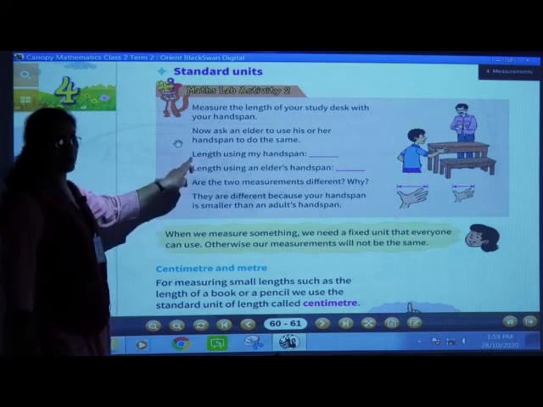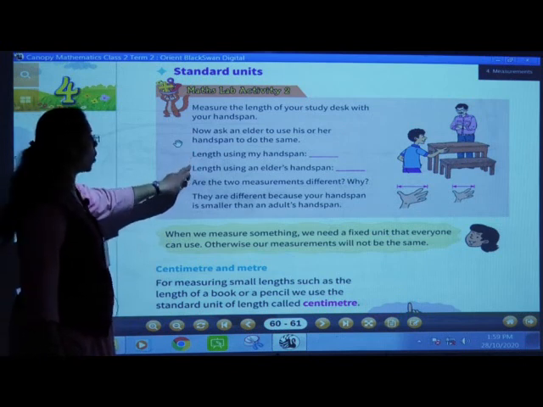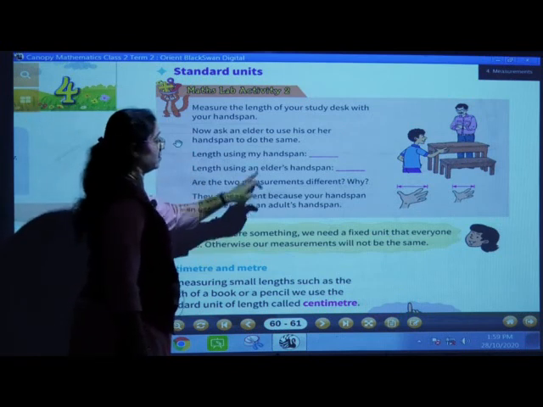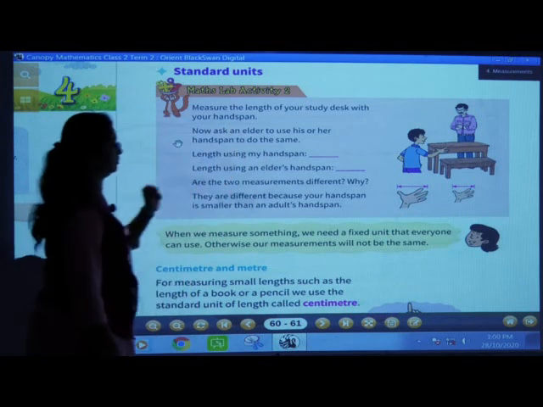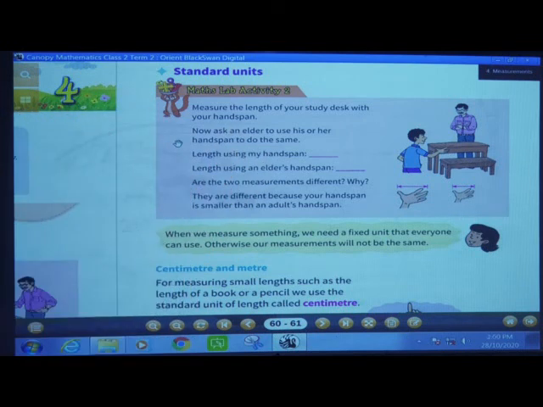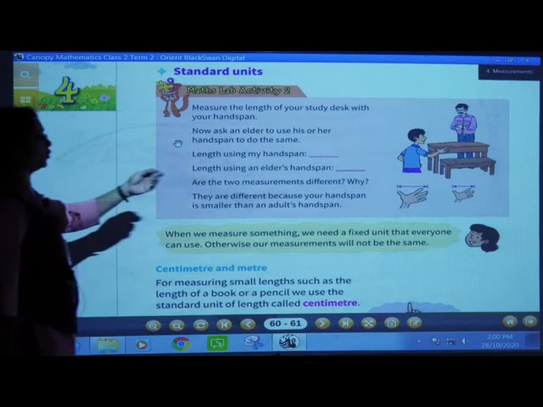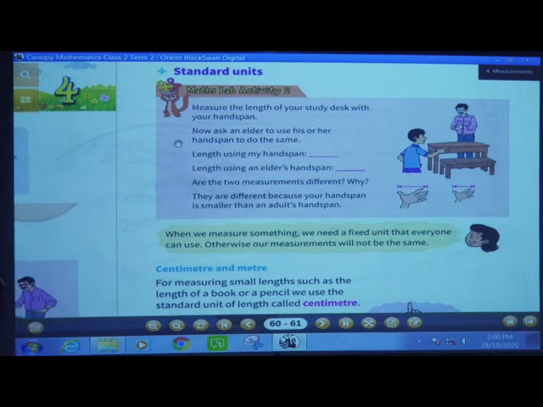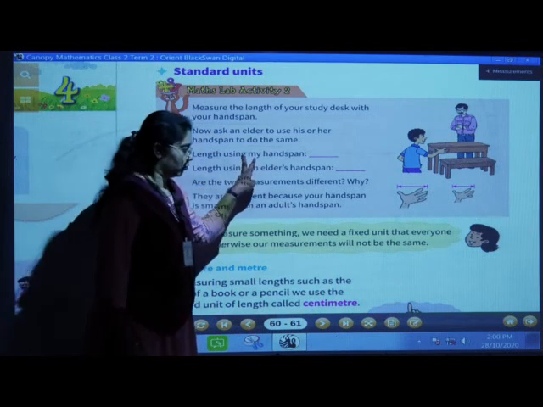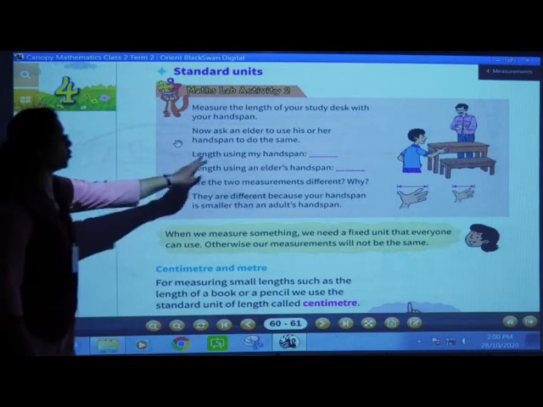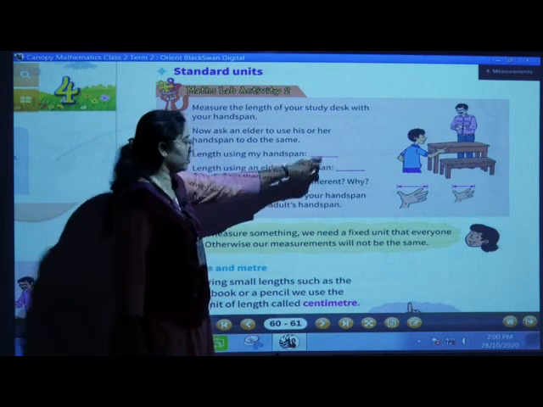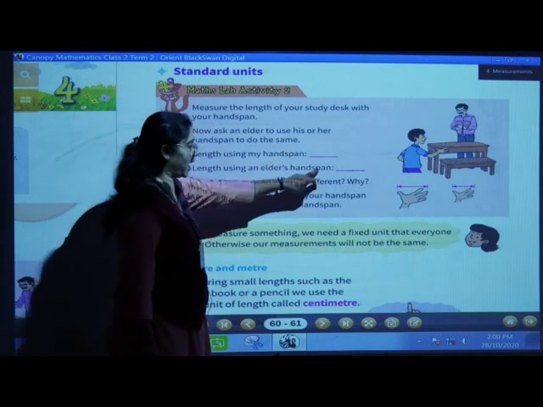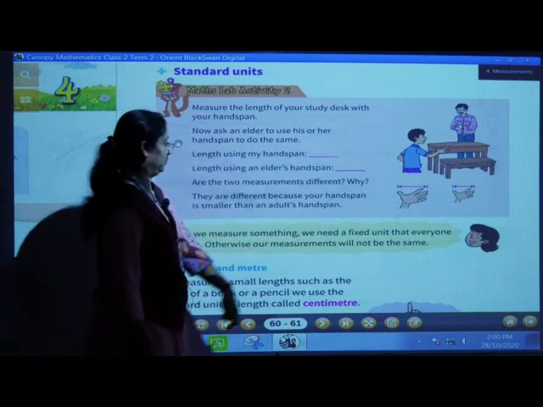See, this activity you have to do on your own at your home with your elder sister or brother, or you can do it with your father or mother. Write the length using your handspan here, and the length using an elder's handspan right here.